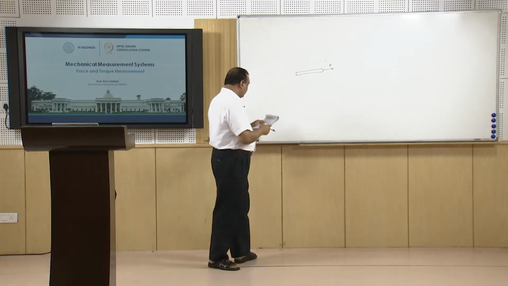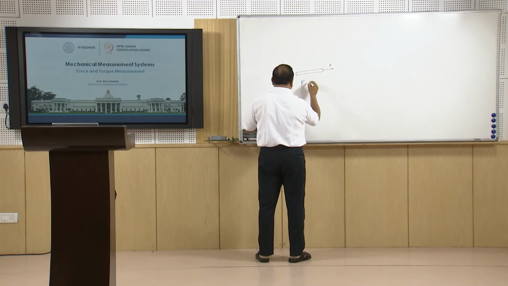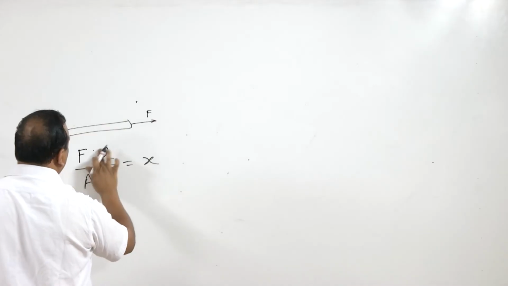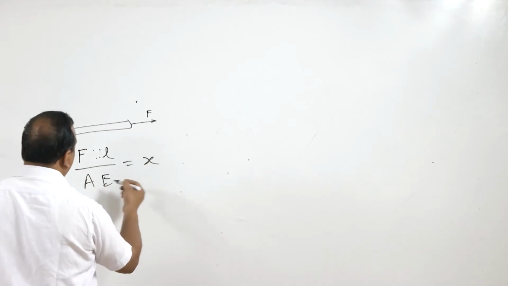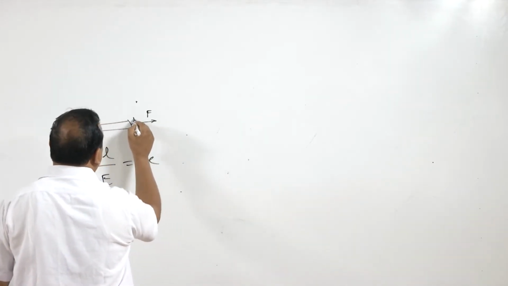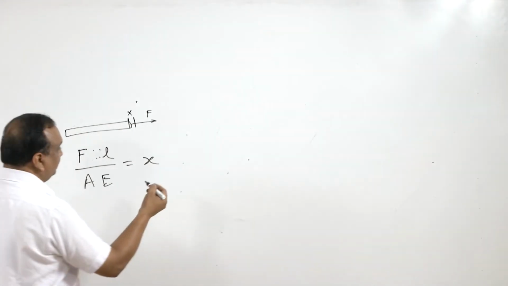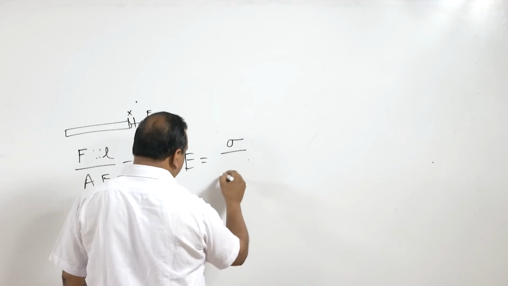Then F times L divided by A E is equal to X, the change in the length of the bar. It is simply the modulus of elasticity, stress upon strain.